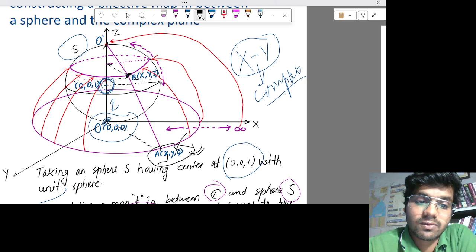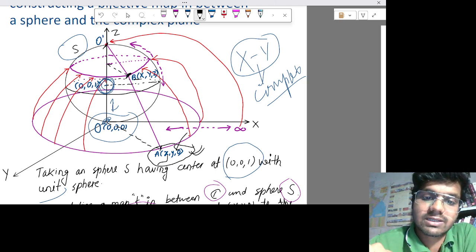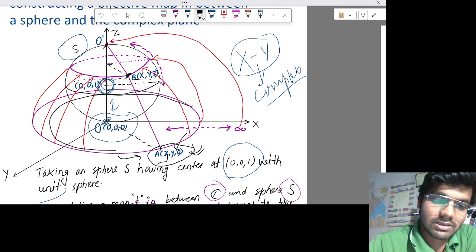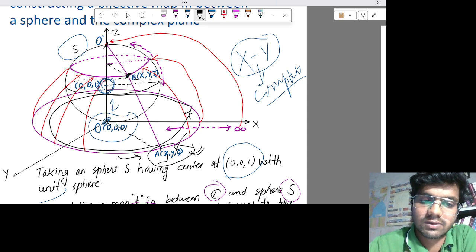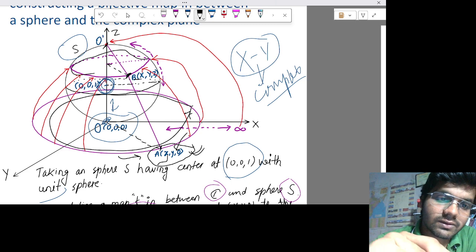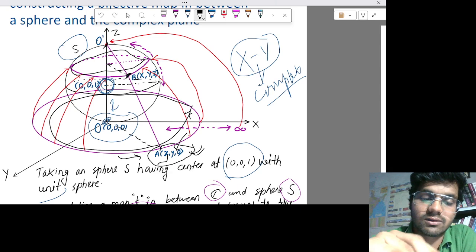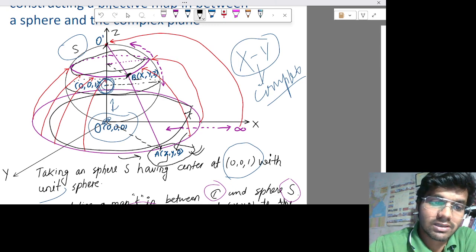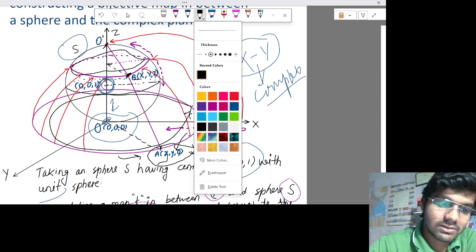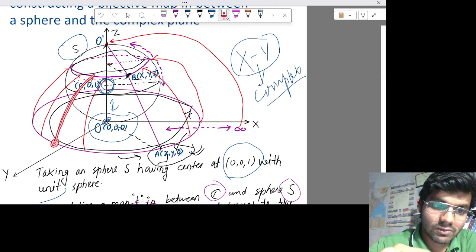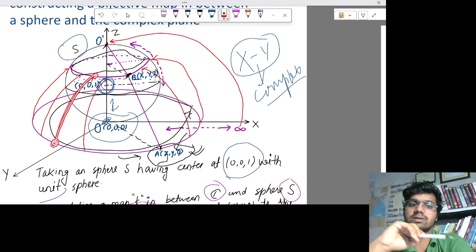So you can see that if you take any circle on the complex plane on which A lies, corresponding to it you will find a circle on the surface of the sphere S, so that each point of the circle will go to exactly one point on that circle of the sphere.